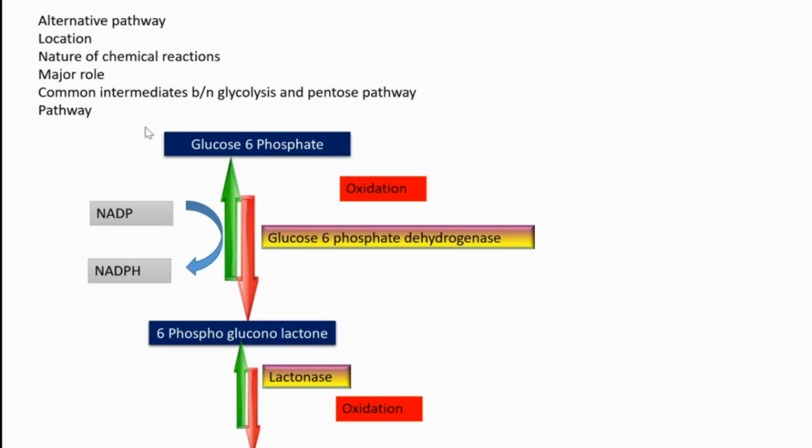Then, common intermediates. There are some substrates, some intermediates present in this pathway that are common to both glycolysis and the pentose phosphate pathway. We are going to see which are those common intermediates. They are glucose 6 phosphate, glyceraldehyde 3 phosphate, and fructose 6 phosphate. All these three compounds are present in both glycolysis and the pentose phosphate pathway.